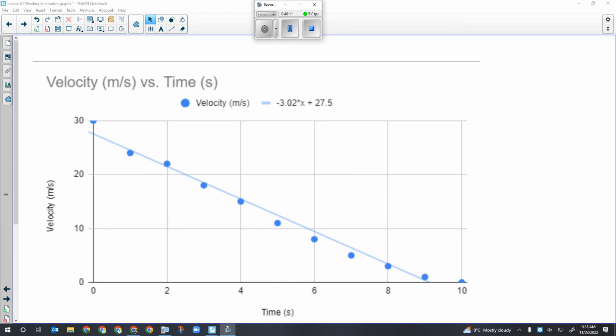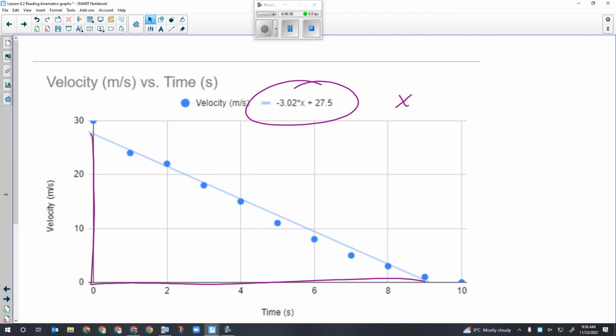This is the end of the graph here, right? What's the value of y right here? 0. So can I use this equation to get x if I know that y is 0? Absolutely. That's the first thing I got to do. Sure, it's all well and good to know I got to calculate the area of this triangle, but I don't know what the base of that triangle is. I have to calculate it using this equation.